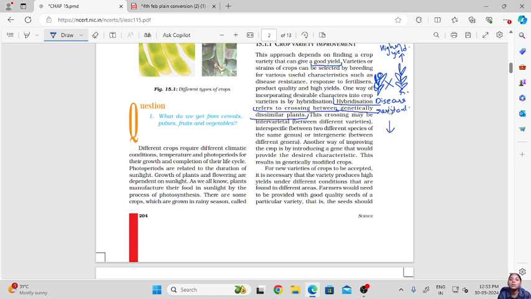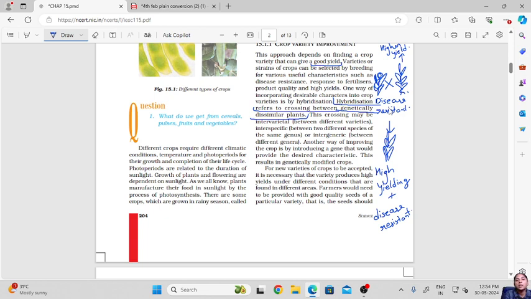That is, the resultant plants will be high yielding as well as disease resistant. So the farmers will be able to protect their plants from various diseases, as well as they will get a higher yield.